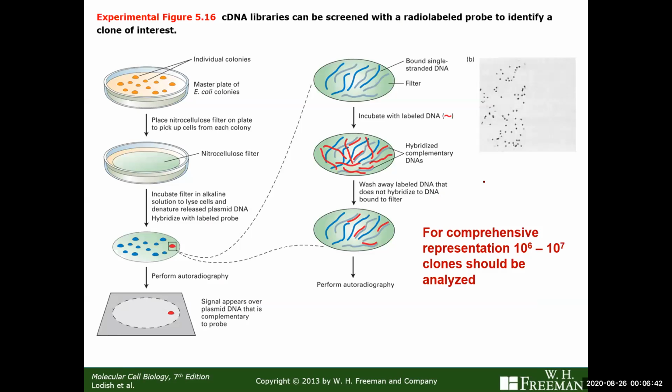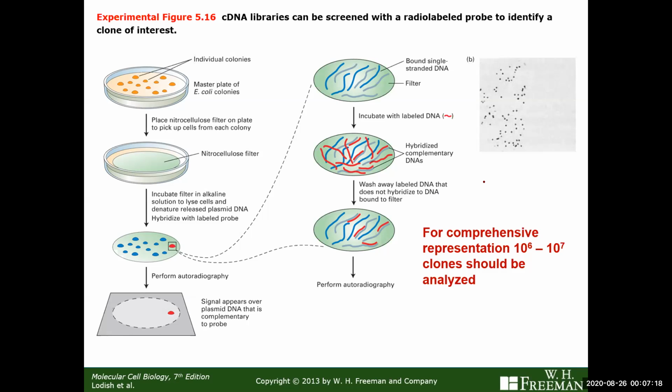So if you want to have every mRNA of your cell represented at least once, you need to go for a much higher number. As I said, typically 5,000 different mRNAs will be produced in a given cell type. But the advice from the experts is that you should go for a 1,000 to 10,000 fold excess.